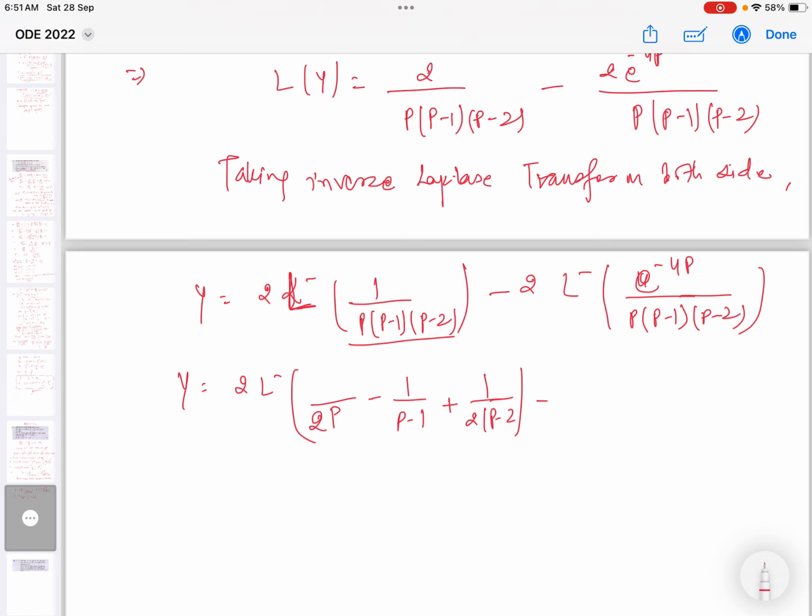Fine, I think we will be doing it later. Similarly, we can do this for the other term also.